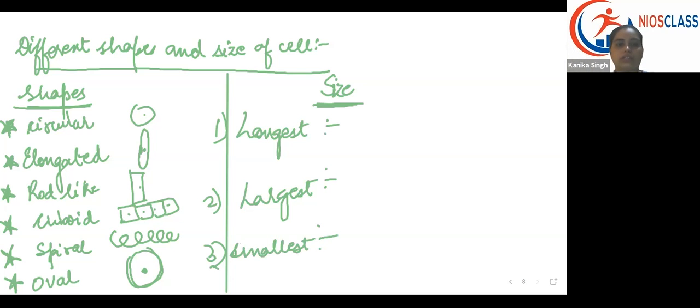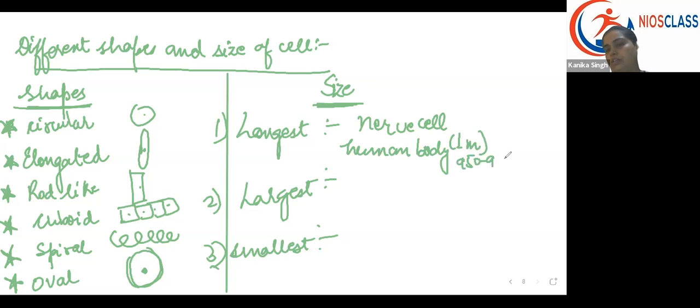Which is the longest cell? Okay, no idea. It's the nerve cell in the human body. The length is around 1 meter. So nerve cells are the longest cells present in the body of humans.